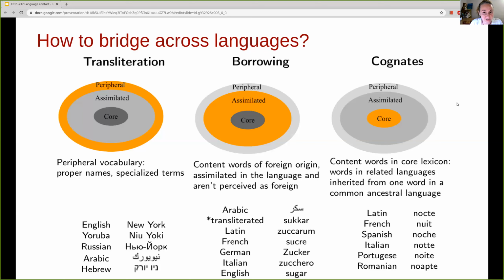So crucially, there is no clear-cut separation between these 4 strata that I described, between core, assimilated, and peripheral lexical items. It is more like a continuum, depending on the level of assimilation of foreign words. So words are imported and they start from transliteration, then speakers may use code switching, and gradually words become native in the language.